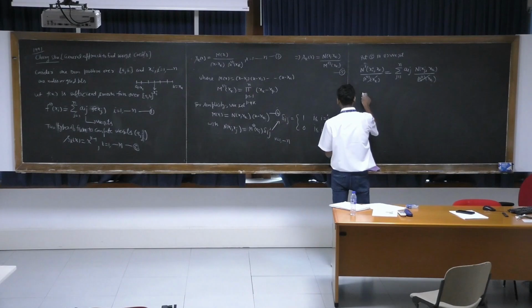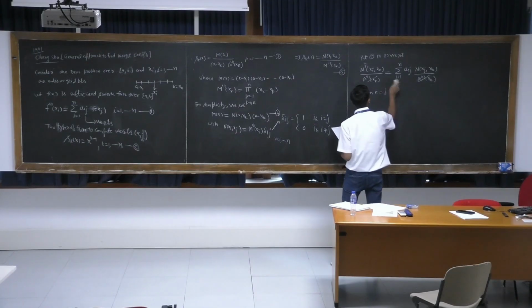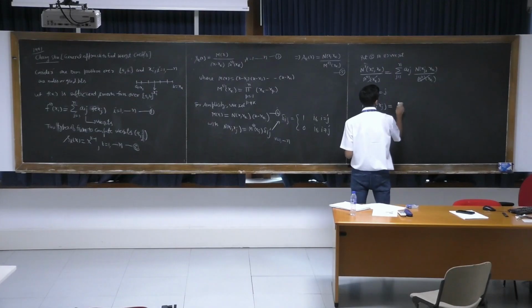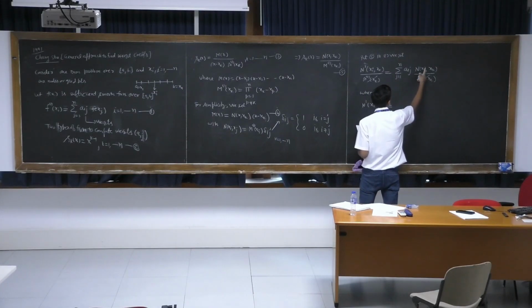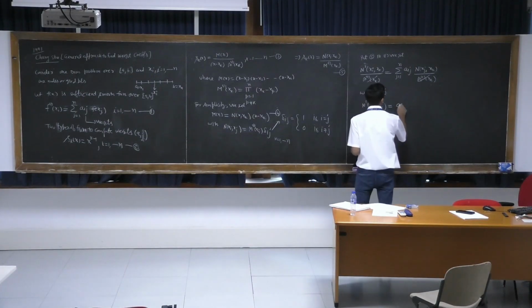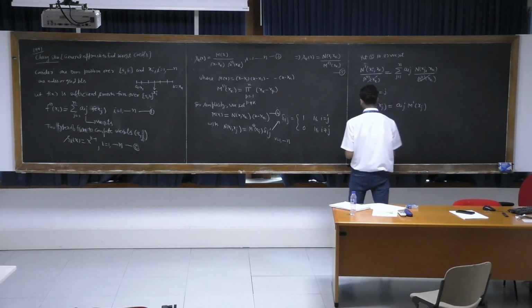So when k is equal to j, this becomes N1 of xi, xj, and its value becomes M' of xi and aij, and M' of xj.